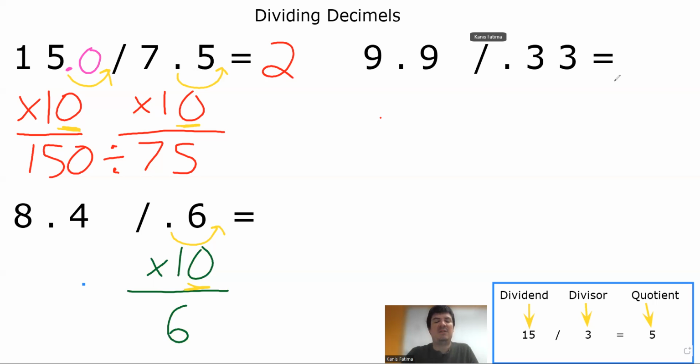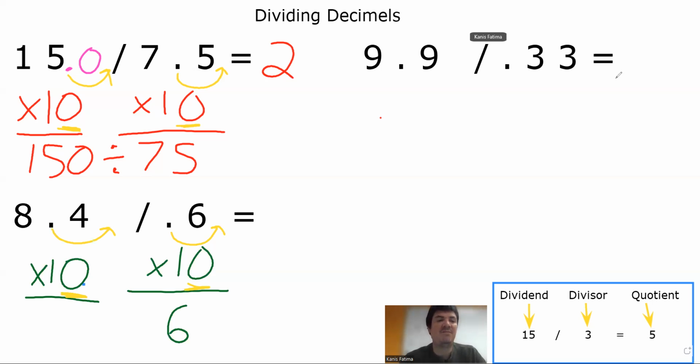And because I multiplied the divisor by 10, I also need to multiply the dividend by 10. So since I multiplied 0.6 by 10, I also need to multiply 8.4 times 10. Again, the same rules. Since I'm multiplying by 10, I just move the decimal over one spot.